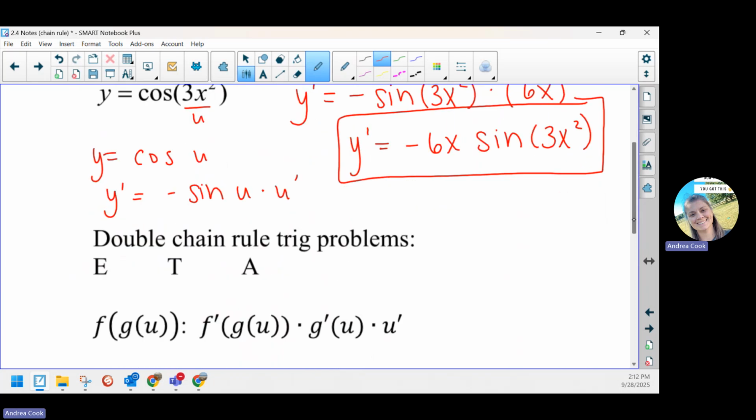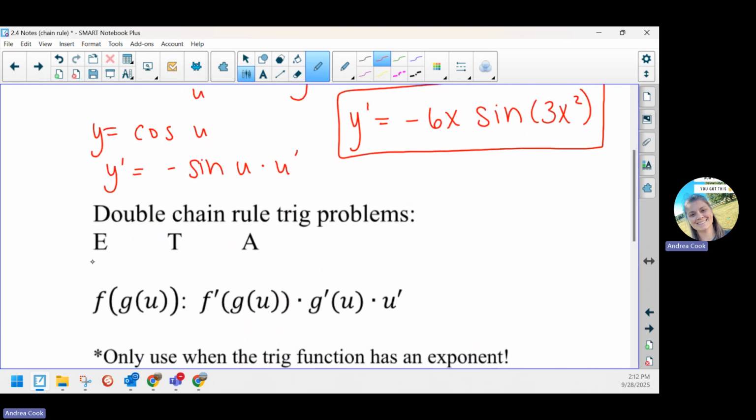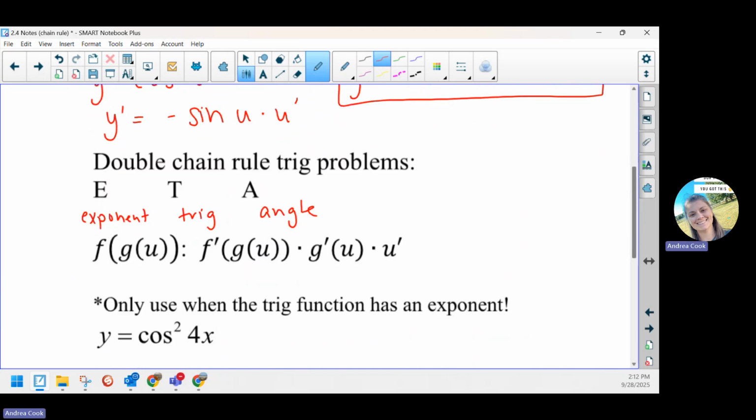Right, now we have double chain rule, which sometimes we say ETA, which stands for exponent, trig, and angle. Another way of looking at it is a function inside of a function inside of a function.